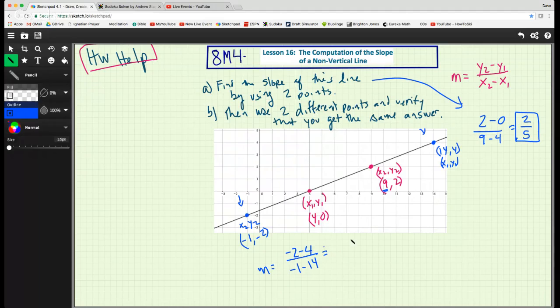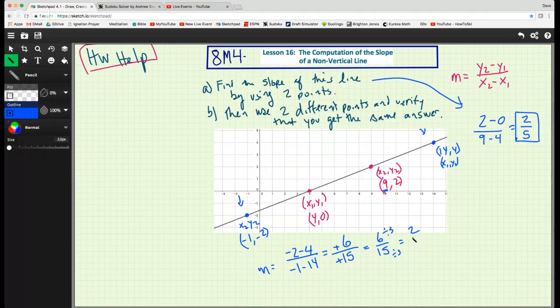Well, -2 minus 4 is -6. -1 over -14 is -15. Well, that doesn't look like 2/5, but we haven't simplified. Well, a negative divided by a negative is a positive, so these will cancel. So that's 6 over 15. Now I can divide the top and bottom by 3.